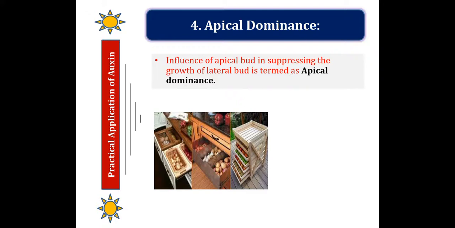This property of auxin is used in agriculture for checking the sprouting of lateral buds on the tubers. Here, the buds arising from a potato tuber get stopped after the application of auxin, and therefore we can store the potato in the storehouse for a long period of time.